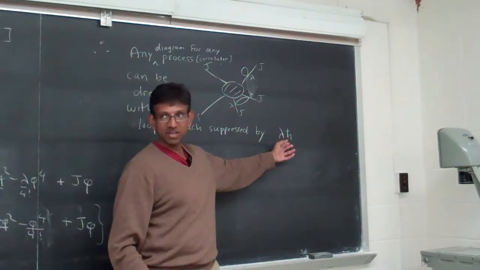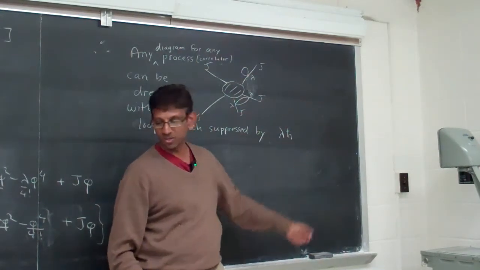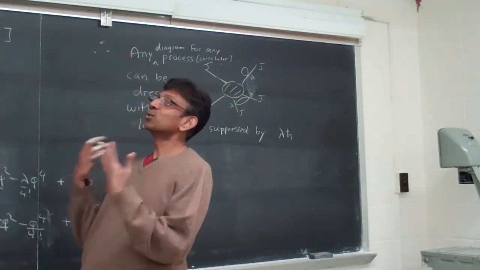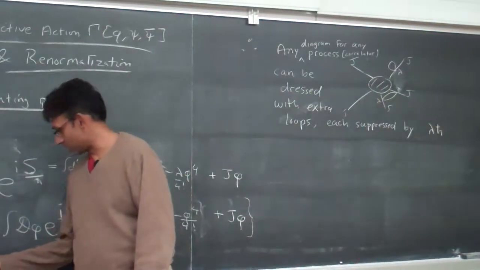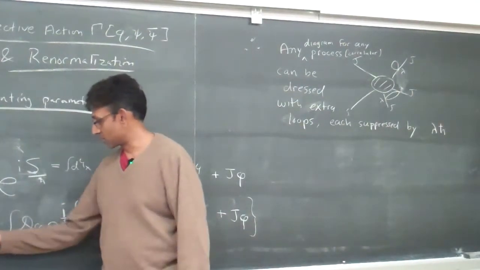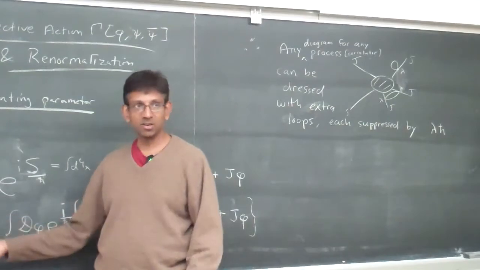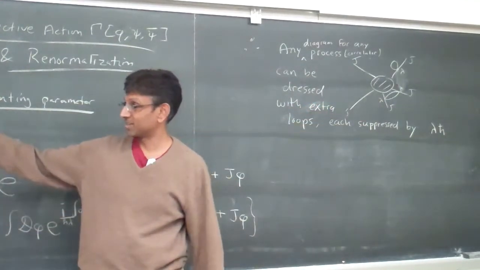And if you were really putting in the h bars and going back to standard units, they're controlling the loop expansion together. You might say, wait a second, I see a lambda. No. This lambda goes away because it only gives rise to a Jacobian proportionality constant, which is not relevant for calculating the correlators in W.